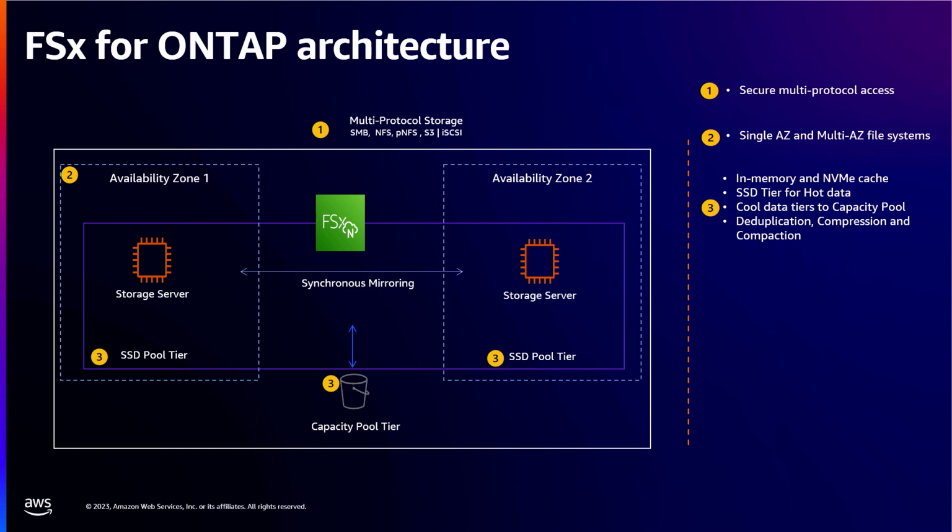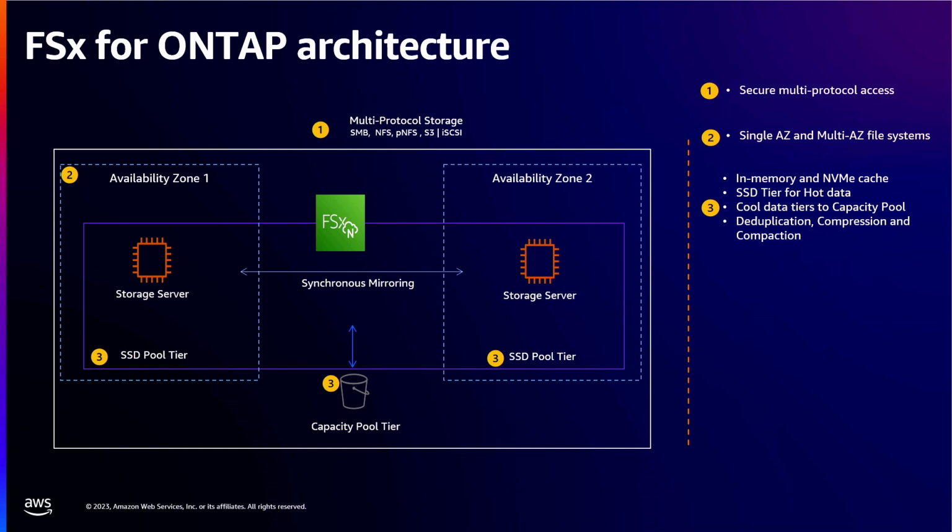As the data lands on storage, the active data sits on a high-performance SSD tier. But we also all know that the majority of the data that we have in our environments is not actively used. So there is no point keeping all that data on an expensive SSD tier.